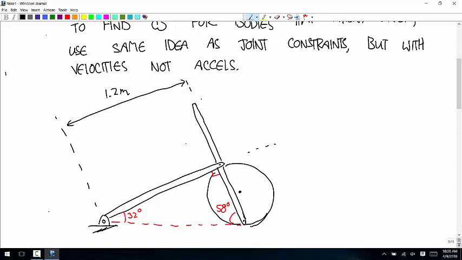This is 1.8, and it's connected to that first member. I'm going to name these: 1, 2, 3. It's called a 4-bar linkage because the ground is the fourth member. This distance is 0.9, and this is 0.9.